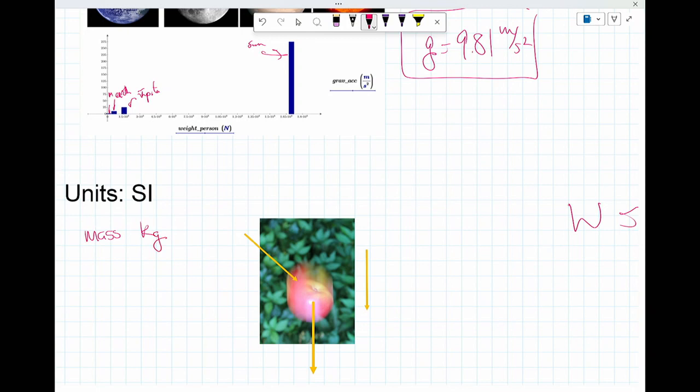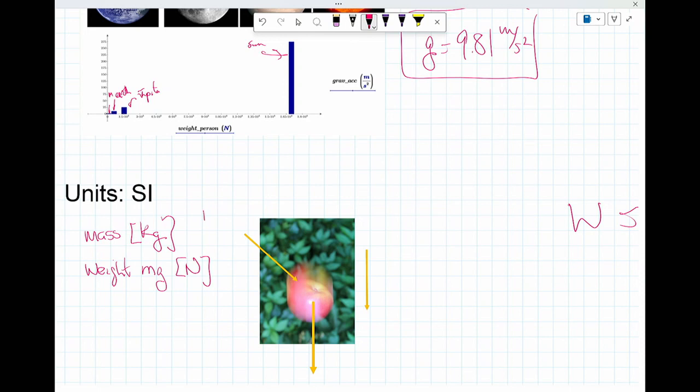In the previous chapter, chapter 2, we could do English units. They're not too bad. Lengths are lengths, and things are kind of okay. But when we start to deal with masses and forces, things get a little bit confusing in English and British gravitational units. So mass is in kilograms, and weight is just mass times gravity, and that has units of newtons.